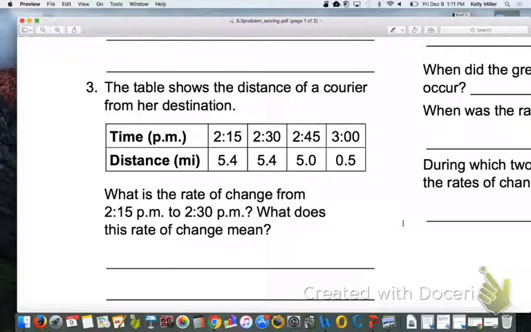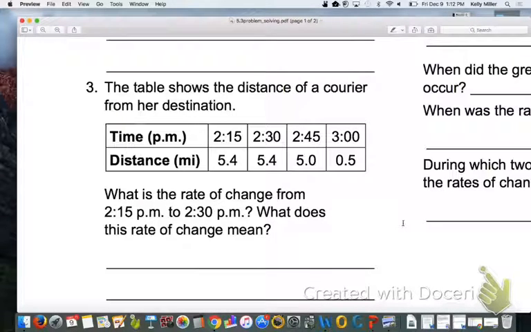All right, so number 3 says show the distance of courier from her destination. So we're just looking from 2:15 to 2:30. 15 minutes, and then the distance here is 0. Well, that's easy.